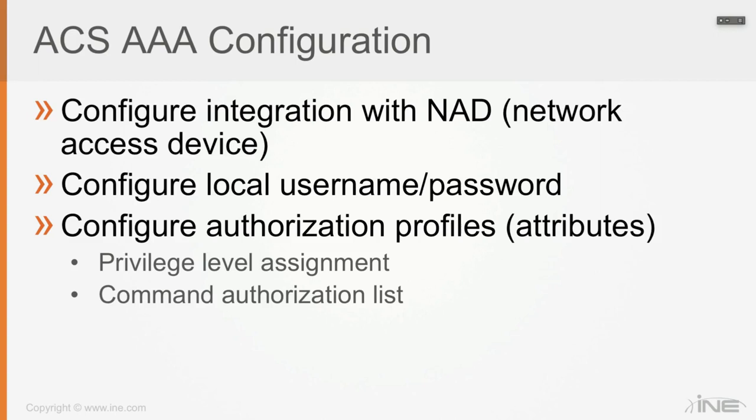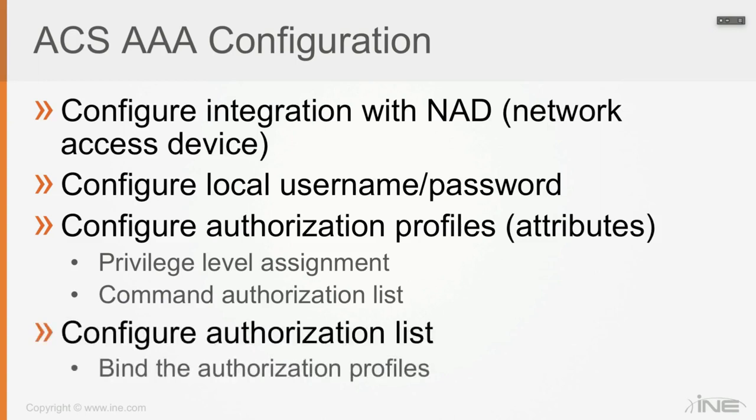And also, which commands is that user allowed to use on the router? Once we have defined the authorization attributes, we have to bind those together in the authorization list.